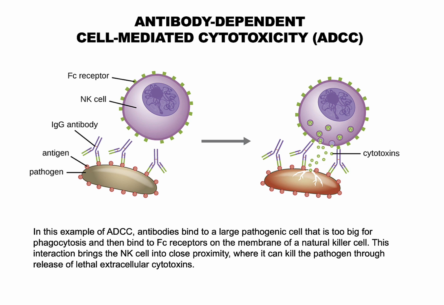During ADCC, the Fab region of the IgG antibody attaches to the large pathogen, while the Fc receptor on effector cells binds to the antibody's Fc region. This interaction positions the effector cells near the target, allowing them to release cytotoxic molecules such as perforins or granzymes to eliminate the pathogen effectively.